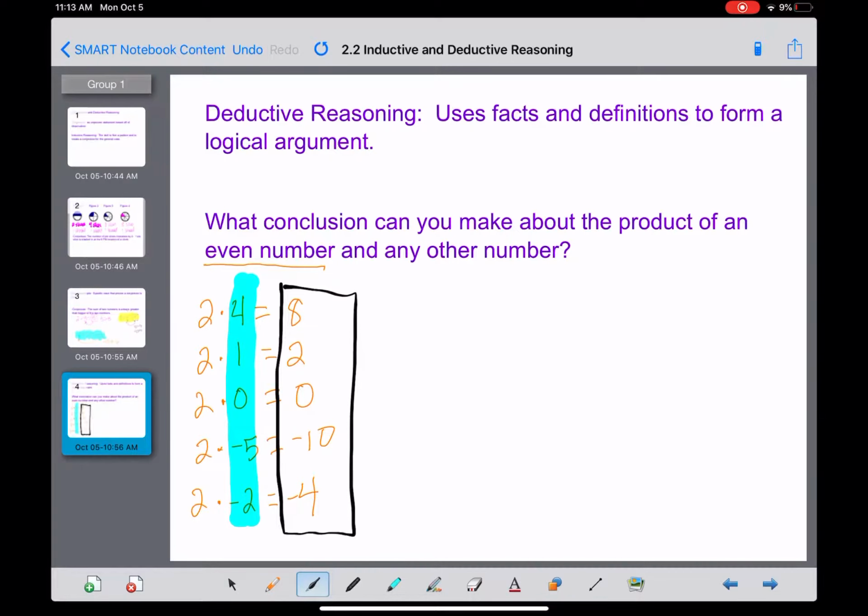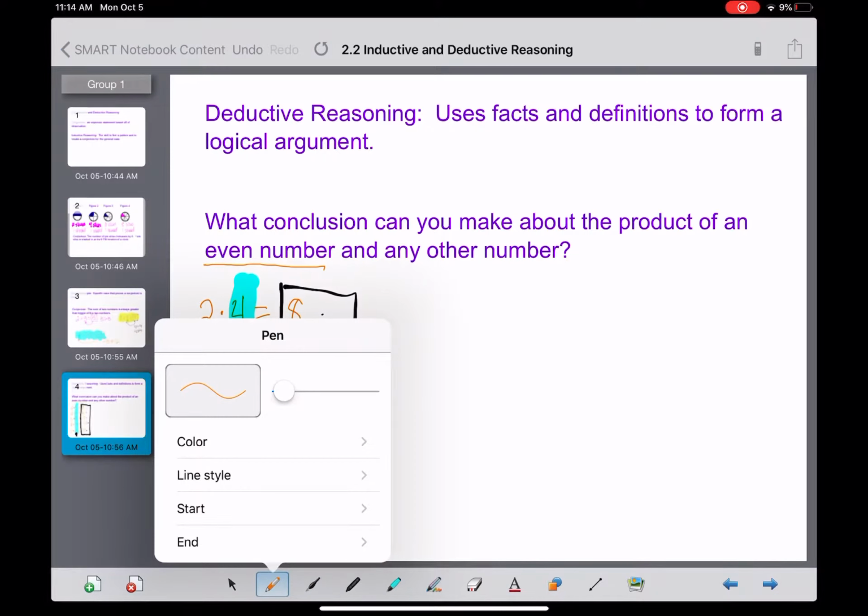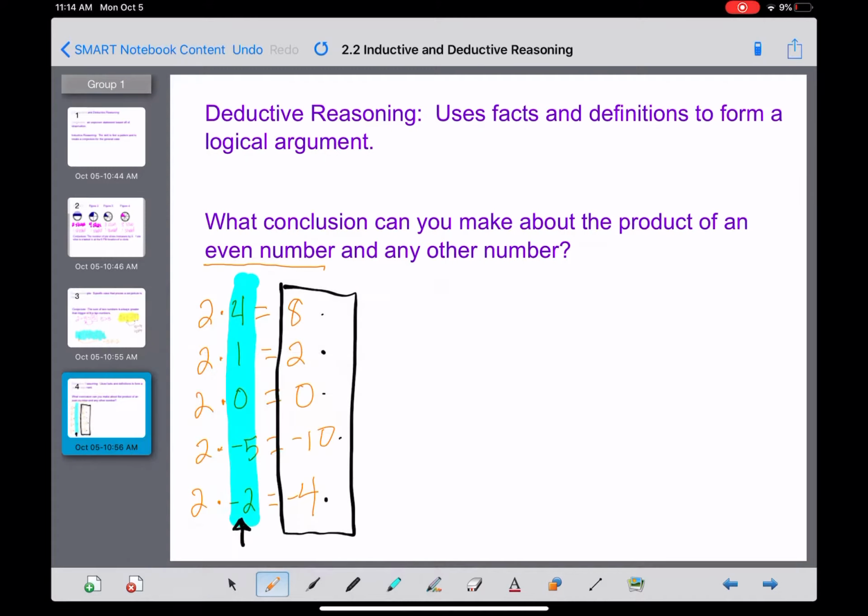If I go through and look at my numbers, 8, 2, 0, -10, -4 are all even numbers. So no matter what multiplier I use when multiplying by an even number, my result is always an even number. So deductive reasoning wants us to build a logical thought process to show that whenever we multiply by an even number, we're going to get out an even number.